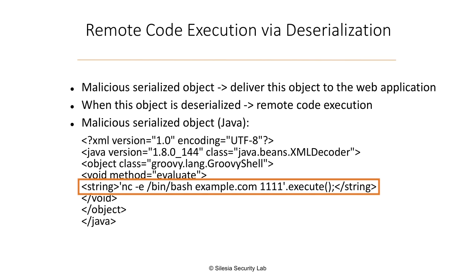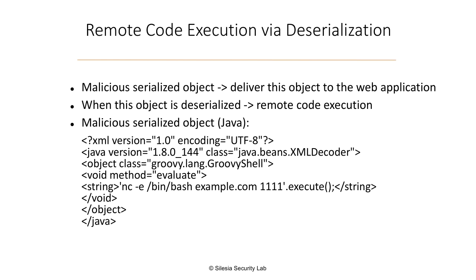This command is responsible for establishing a reverse shell connection to the attacker-controlled machine, and the attacker-controlled machine is example.com. It has to connect to a given port on the attacker-controlled machine, and this port is 1111, right? So we have to be really precise here. We have to specify the attacker's machine and the port to make this reverse shell connection.